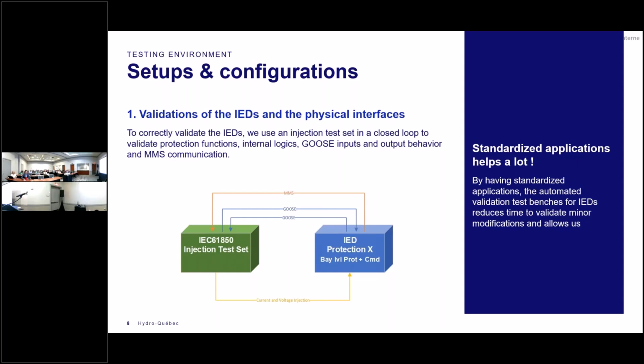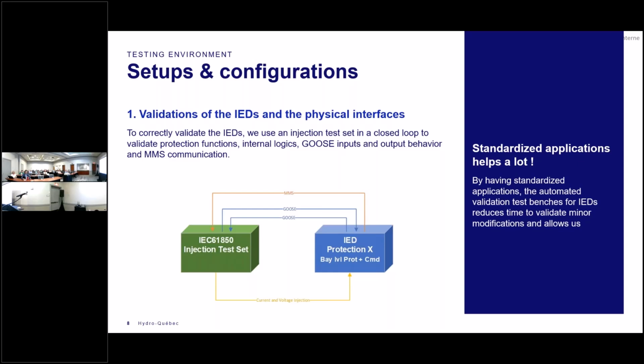This is not outside the box. This is something we did, well, we always do, but this was automated in order to validate that the communication interface was always standardized and they were validated in all the cases of the test plan.